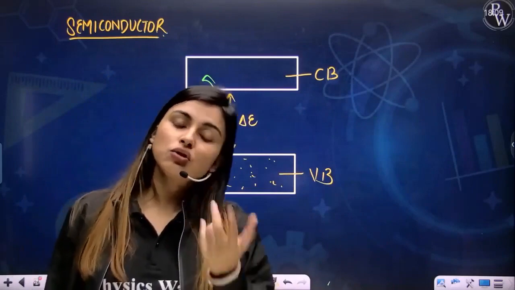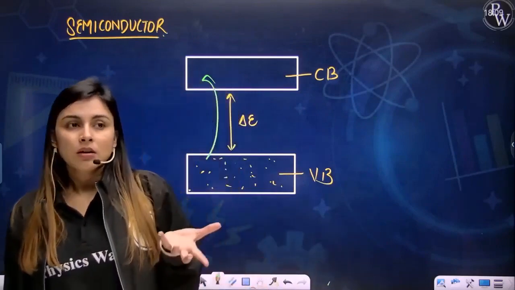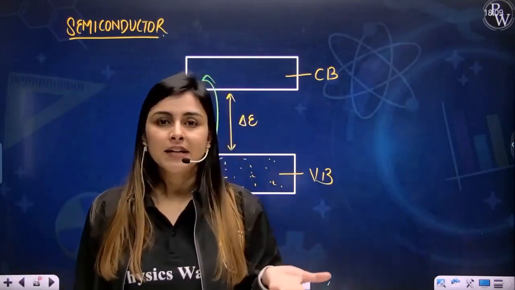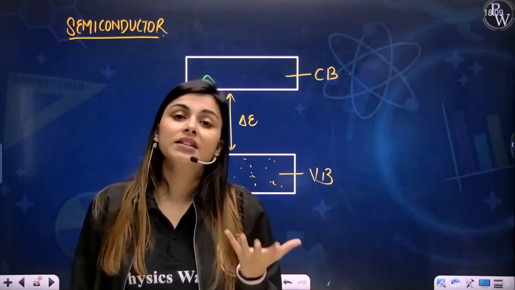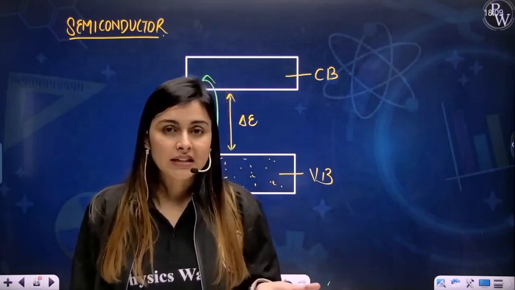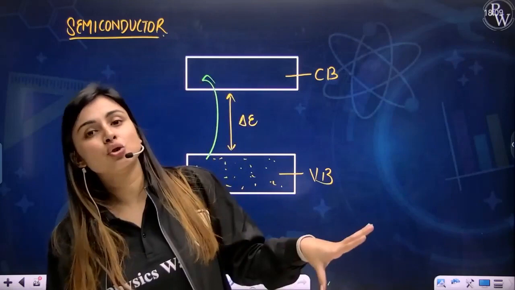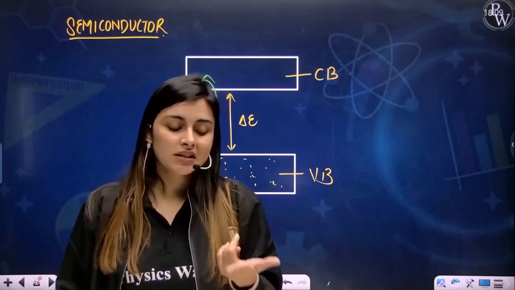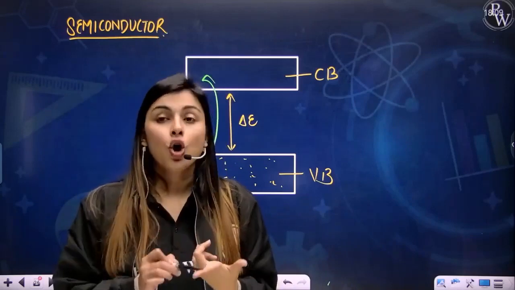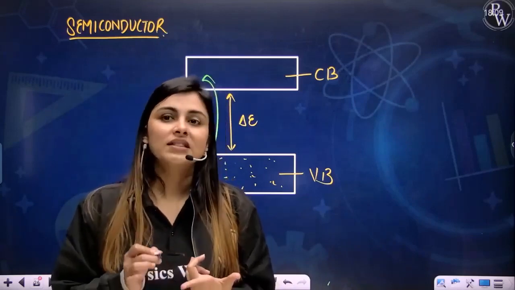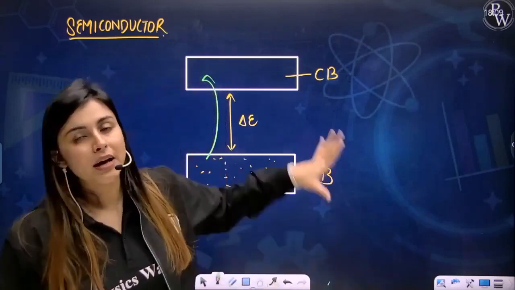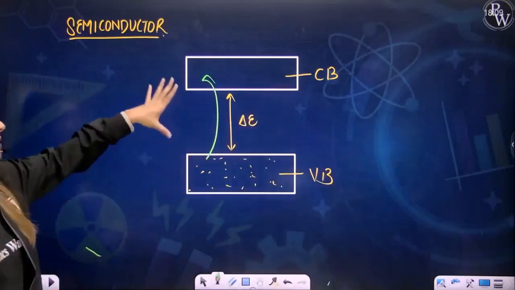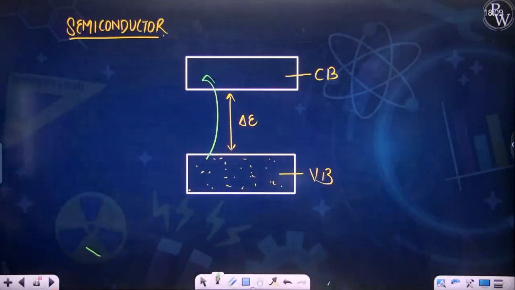So semiconductors conduct electricity at high temperatures. Why? Because we have increased their conductivity, right? So semiconductor conductivity can be increased either by increasing the temperature or by doping. I'll also make you understand what doping is, but till now I hope you have a little bit of the idea about the band theory of a semiconductor. So please draw it.